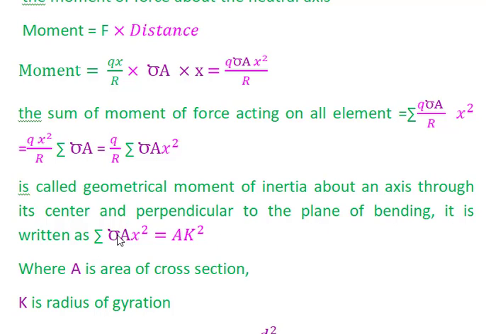It is taken as A k square, which is a constant, where A is the area of cross section. What is k? k is the radius of gyration. What is radius of gyration?